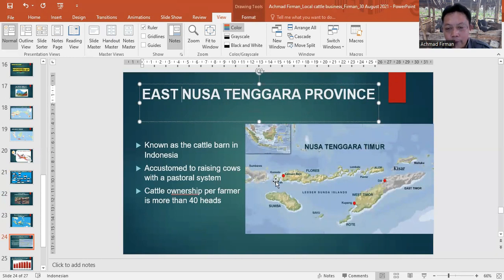This province of Indonesia is near Bali, and also near West Nusa Tenggara province.